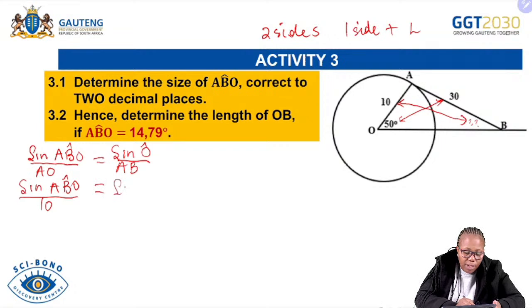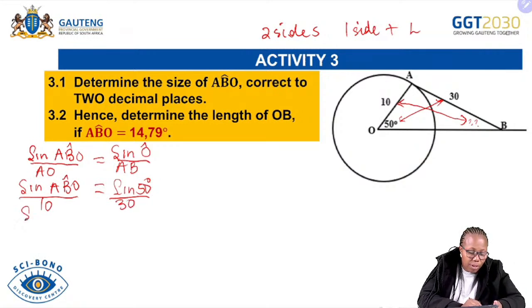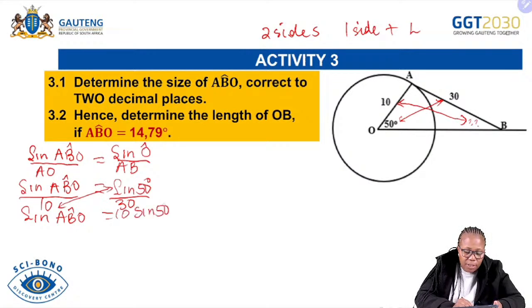Sine of O, sine of 50 degrees. And AB is equal to 30 units. And then now we are looking at sine ABO equal to, cross multiplication, grade 12, to that side. It will be 10 sine 50 degrees over 30.